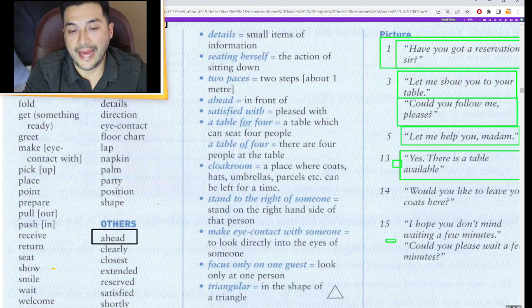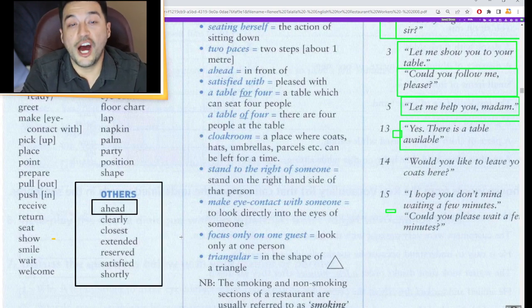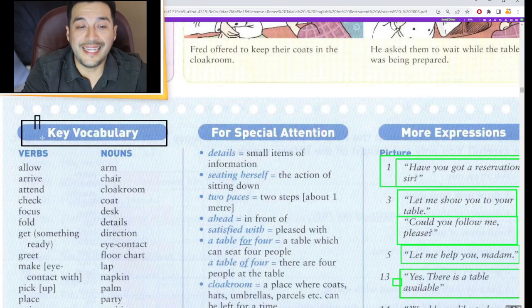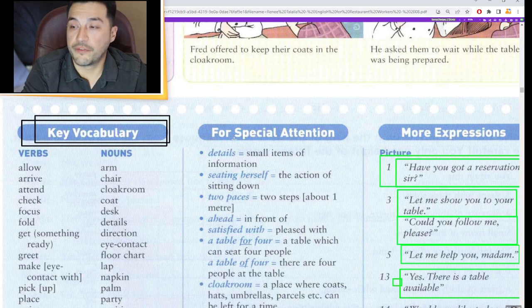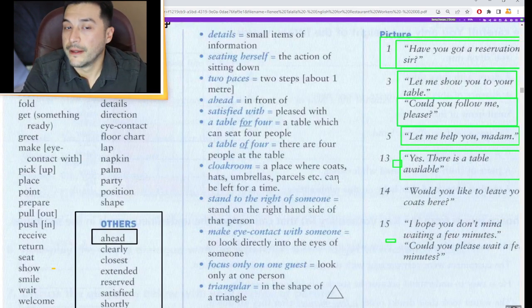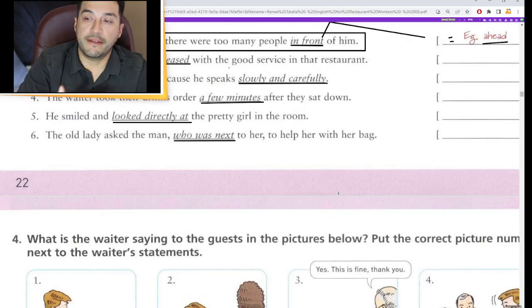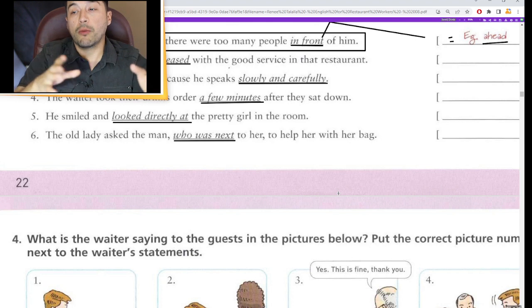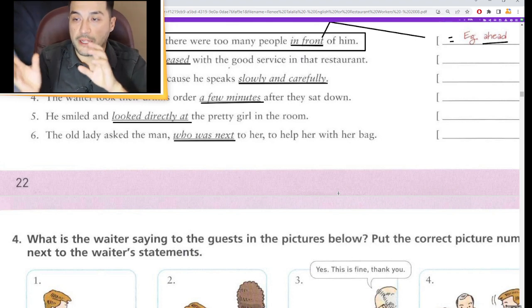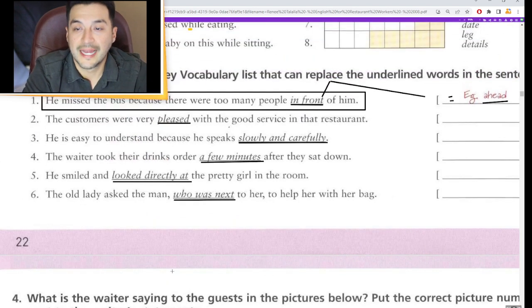You see? So it looks like we're going to be using this box right here, others in the key vocabulary from the notes. Ahead. In front, ahead. So in your notebook, you can go ahead and put in front equals ahead. In front means ahead.